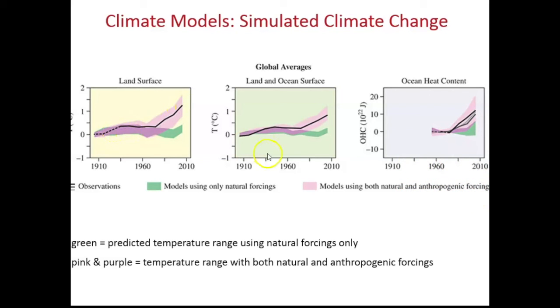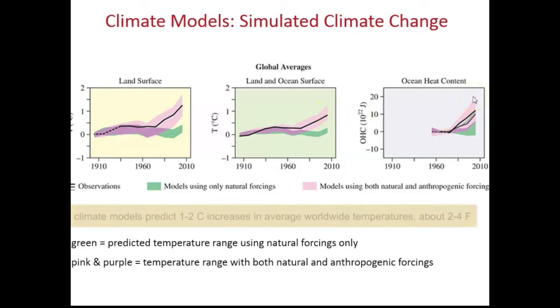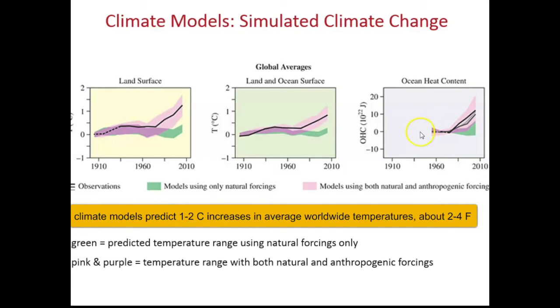The pink and purple take into account both natural and anthropogenic, so natural and human caused, and over land and ocean or just the ocean. All these models show 1 to 2 degrees Celsius, which translates to about 2 to 4 degrees Fahrenheit roughly.